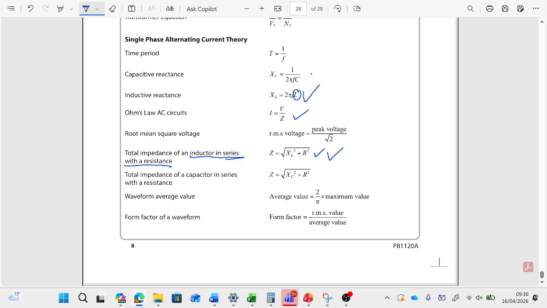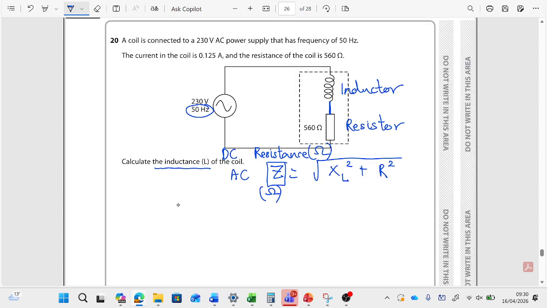So do I know the inductance? That's exactly what I need to find, right? Therefore the inductance is XL over 2 pi F.